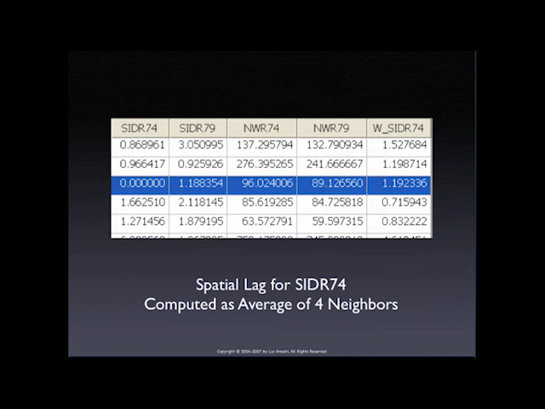So what we're going to do in our analyses, and what we actually did yesterday, but I didn't get into it, is try to get some kind of summary measure that relates the value at i, which is the 0 in this case, to the average of the neighboring locations, which is the 1.19.